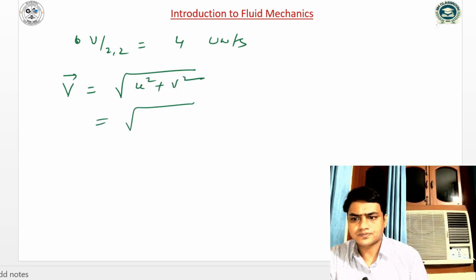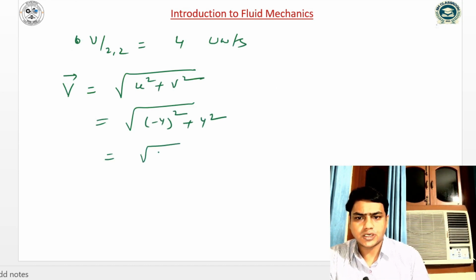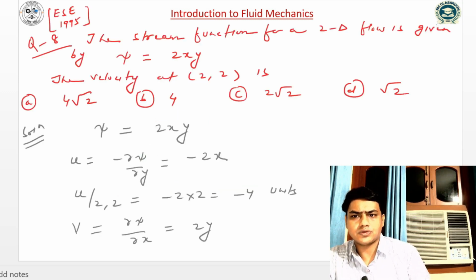So it will be minus 4 squared plus 4 squared, which is 32, so we can write 4 root 2 units. So option A is correct.